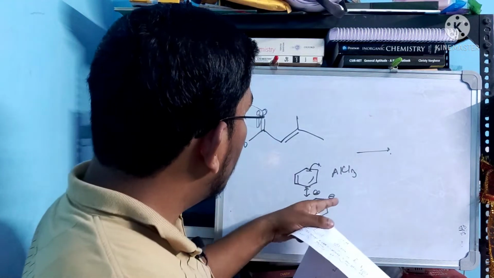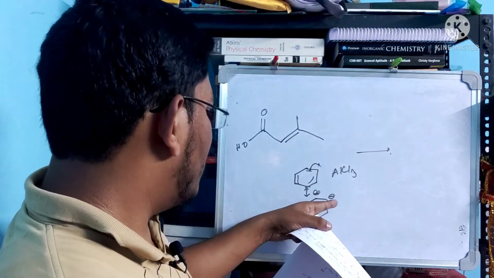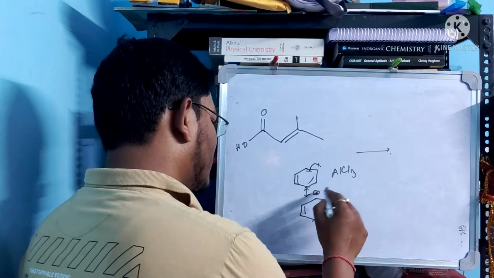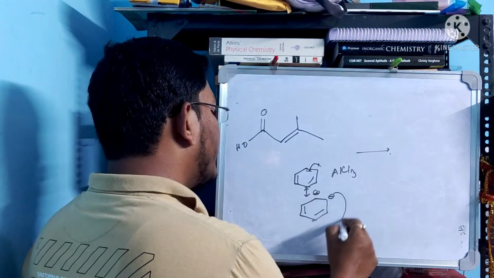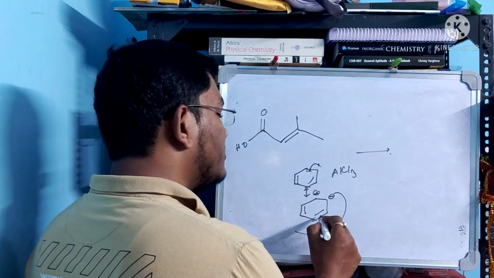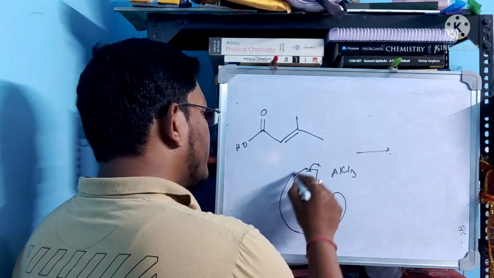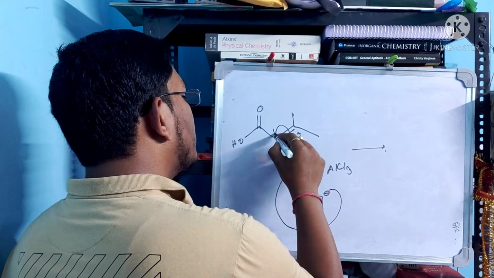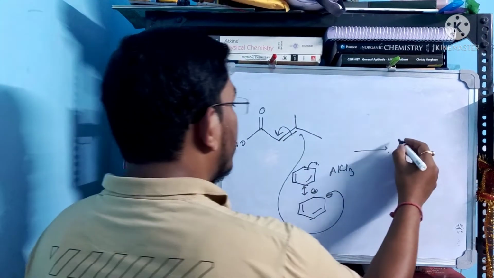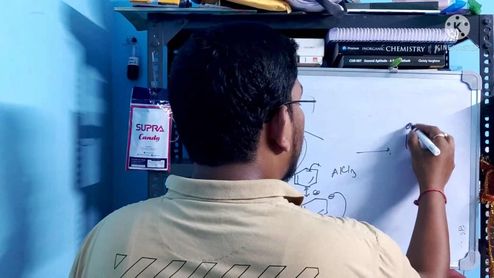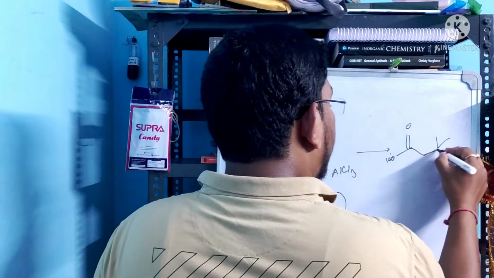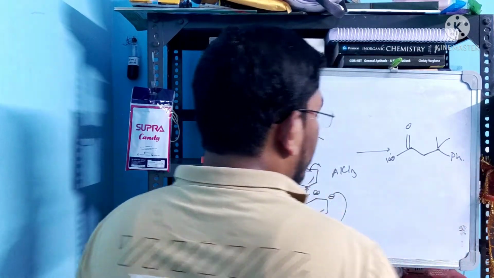Okay, that means its charge density is quite low due to the conjugation. Then where will it attack? It will be softer. It will prefer to bind with the soft electrophilic center. Okay, and what will we get? We will get this one.